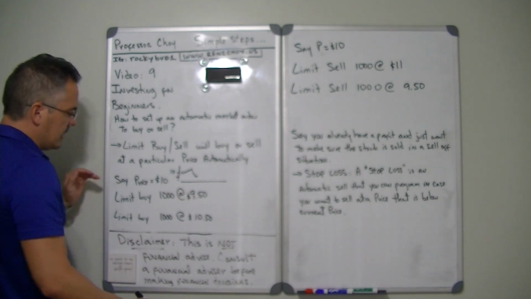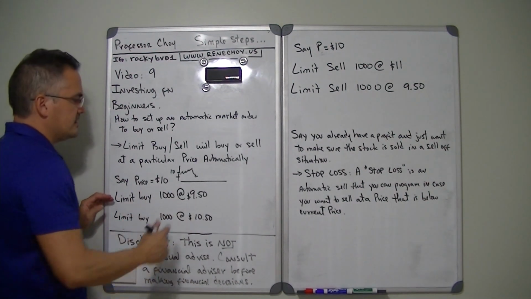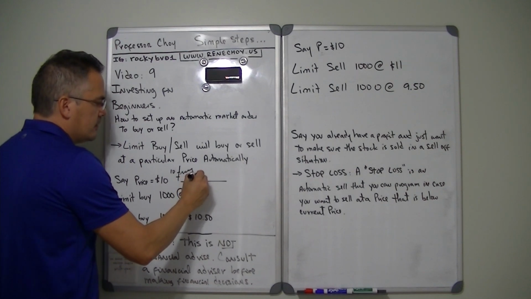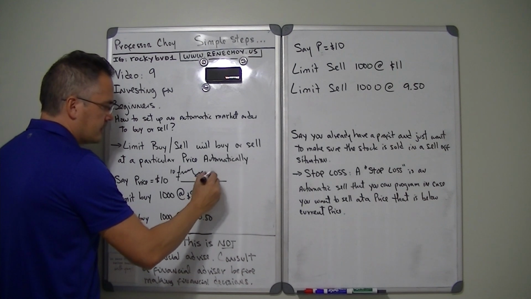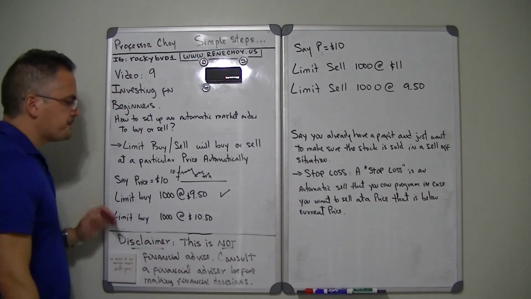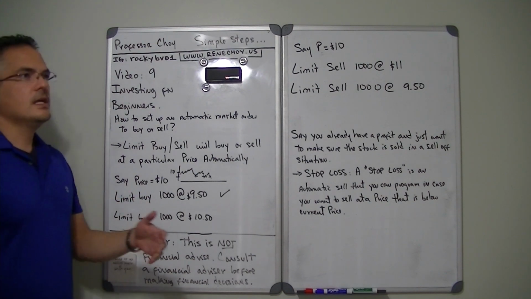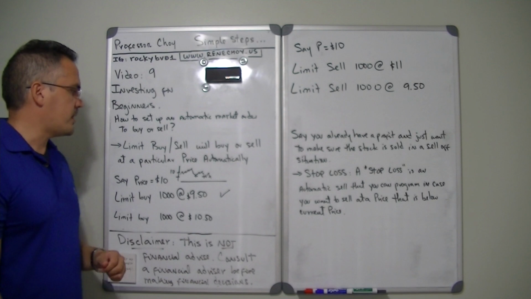But the point is, it would buy automatically at a price lower than the current price. This is the type of order you want to set up if you think the stock may come back a little and you only want to buy at that particular price.